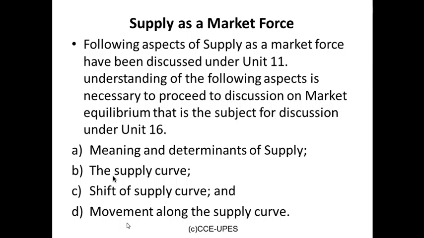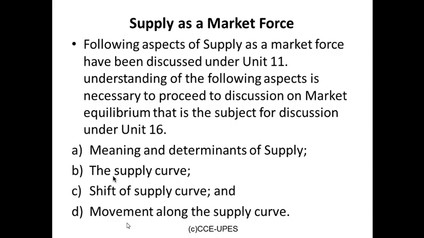Further, we studied in Unit 6 these aspects of supply and in Unit 11, and we recall the meaning and determinants of supply. Supply was the quantity which suppliers are willing to supply at a given time at a given price. Supply schedule was a tabulation of various prices and the quantity that suppliers are willing to supply.